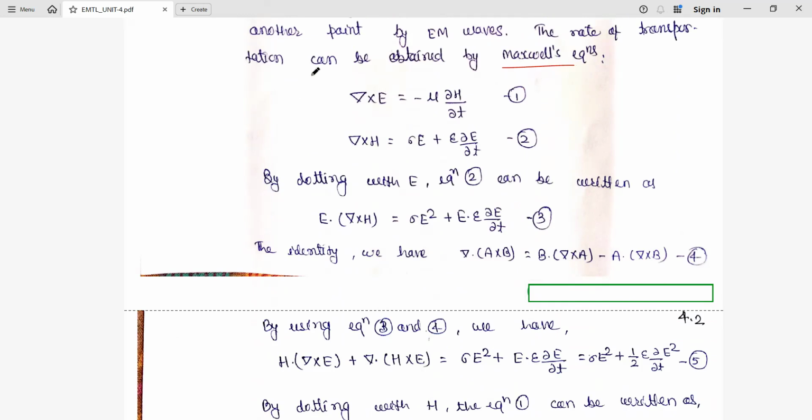By the Maxwell equation, earlier we have del cross E equal to minus dou B by dou T. And B is what?